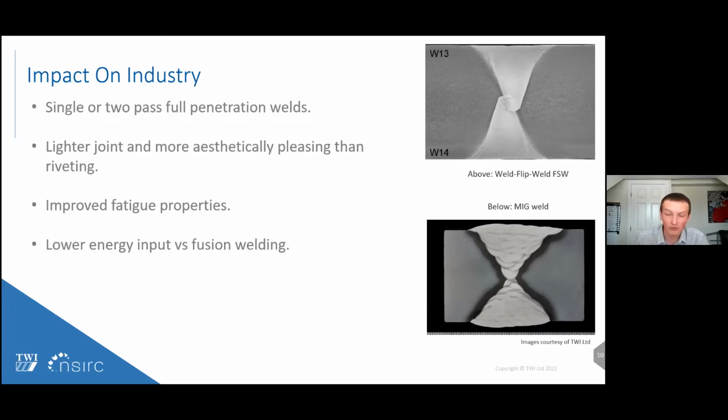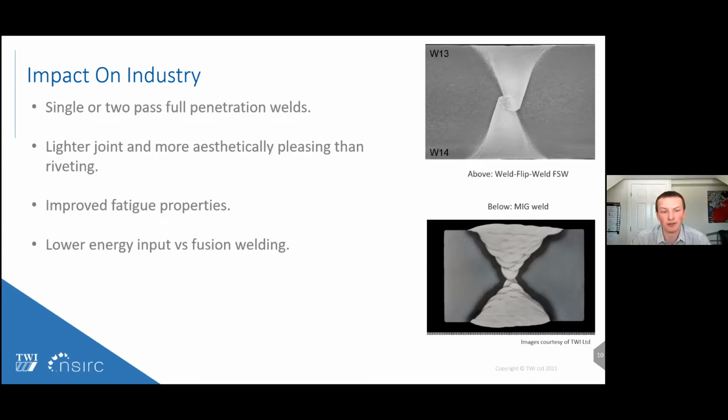This means that you're using a lot less energy, and therefore the process can be considered greener. It's also worth noting that the process doesn't use a shielding gas, and so gases such as argon or nitrogen don't escape into the environment, which again makes the process slightly greener for industry to consider using. So there are quite a few benefits for friction stir welding in thick section that I think my project is starting to show.